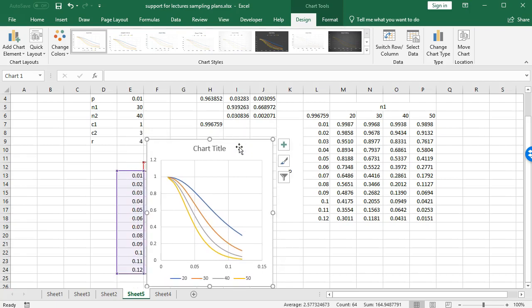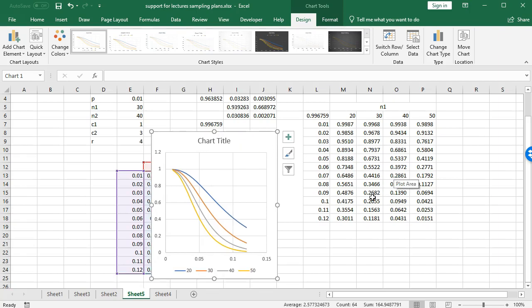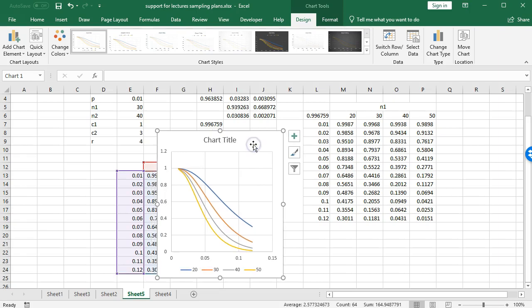So with a lot of effort, we can completely customize these and make the rationale of what should be the size of N1 and N2, but at least you have the tool, and it should be way easier now to do the selection of N1 and N2 and the acceptance numbers on a more complicated multiple sampling plan.